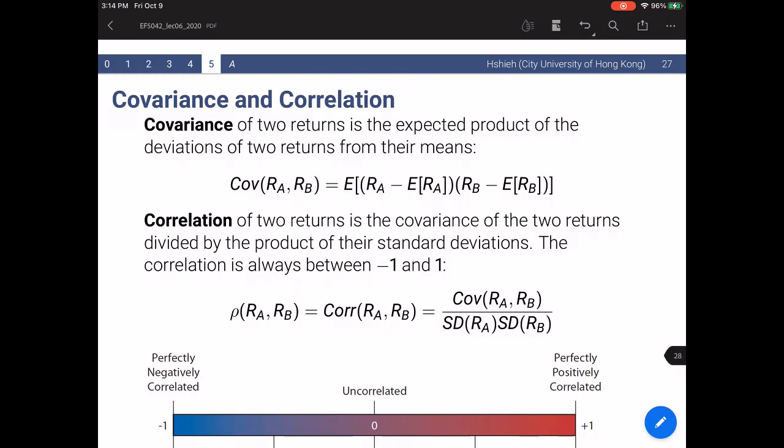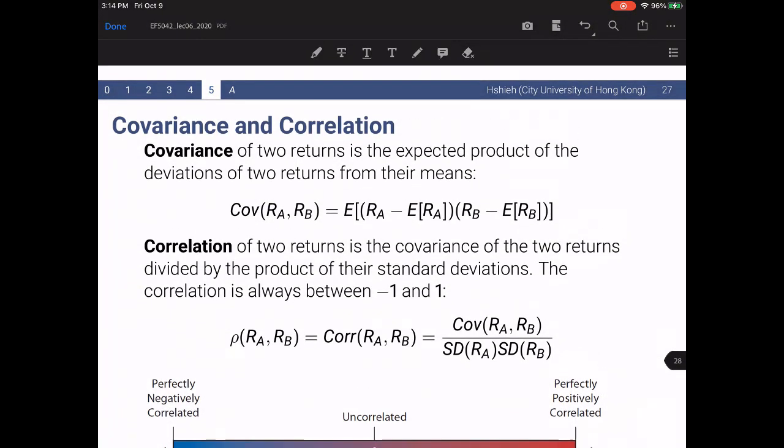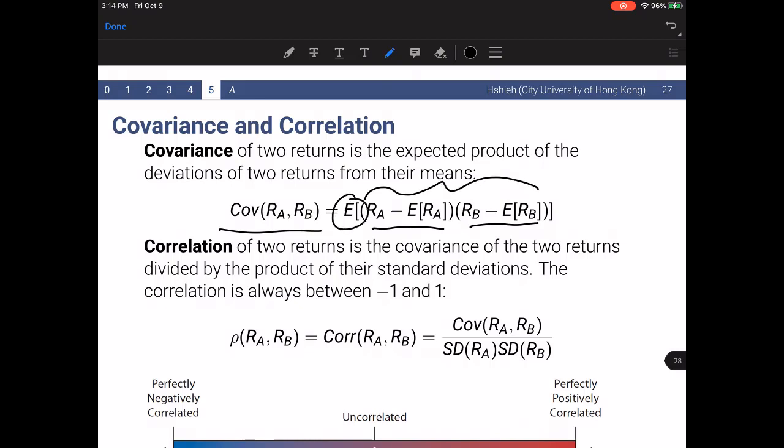Okay, so if we look at the definition here for covariance, it's simply the demeaned return of asset A and the demeaned return of asset B, and then multiplying them together. And then we take a weighted average depending on our probability distribution that we assume. Correlation is simply, again, just scaling this covariance by something. It's like square rooting variance, okay?